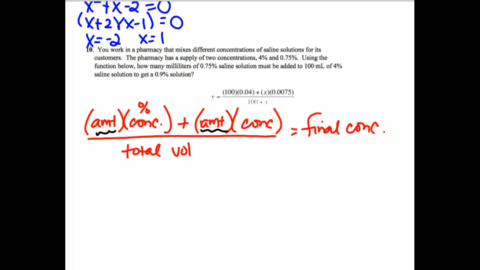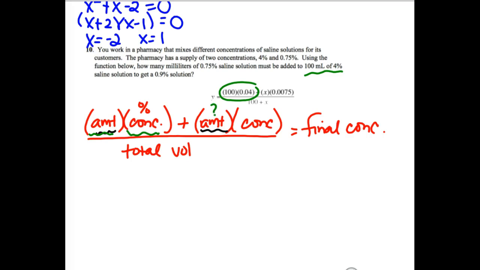So we're taking the strong one, 4%, combining it with a 3/4% to try to dilute it down to a 0.9%. Okay? It says we have 100 milliliters of the 4% solution. So in this case, we are given 100 milliliters, 4%. That's this part.